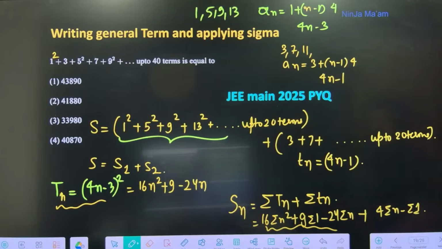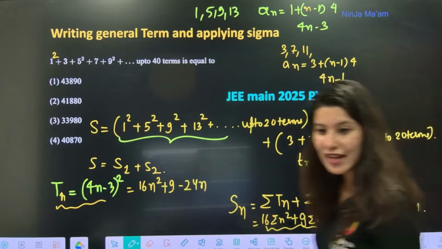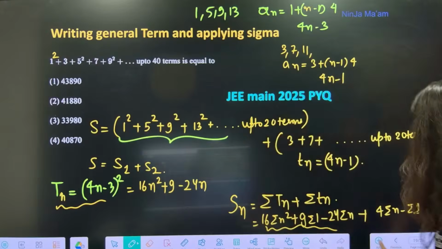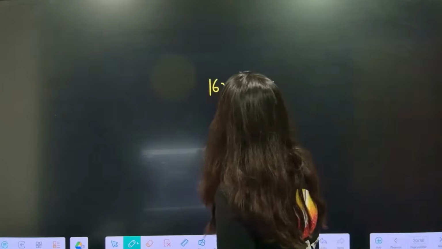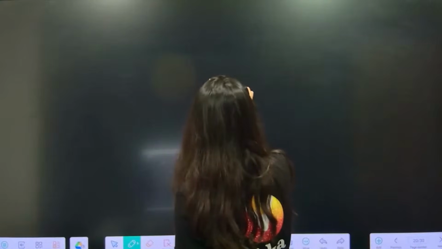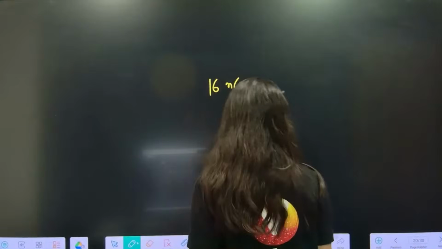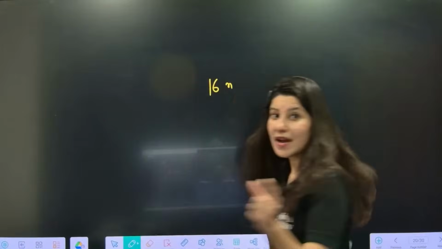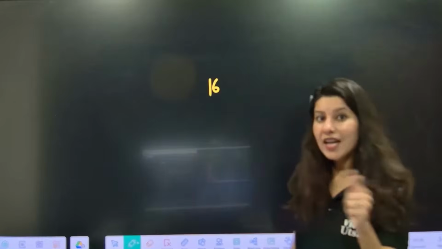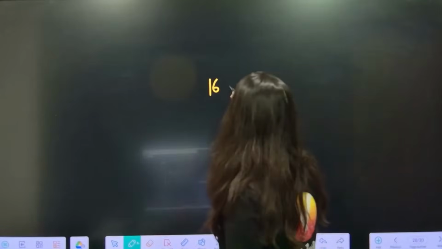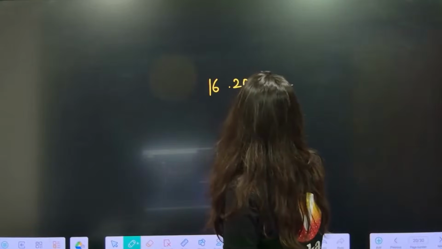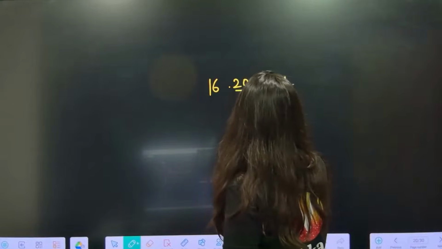If you are going to solve this, you have calculators, everybody. 16n squared will be 16 sigma n squared. Sigma n squared, everybody: n into n plus 1 into 2n plus 1 by 6. So 20 into 21 into 41 by 6.